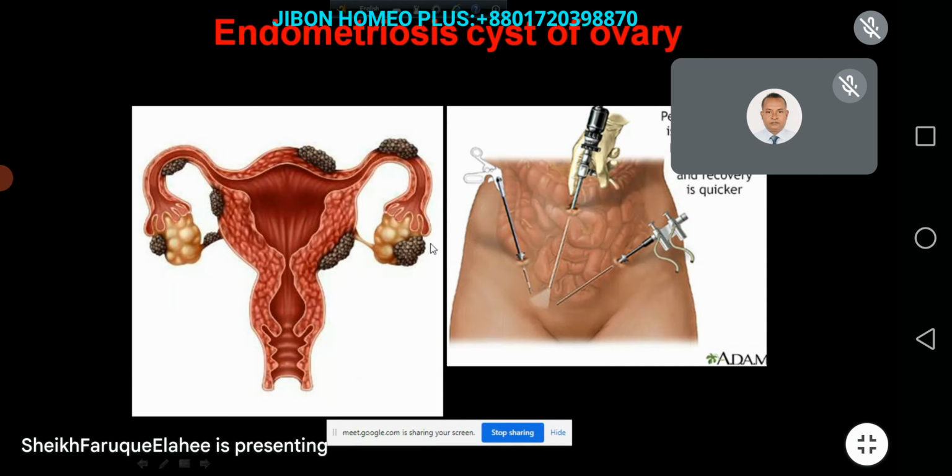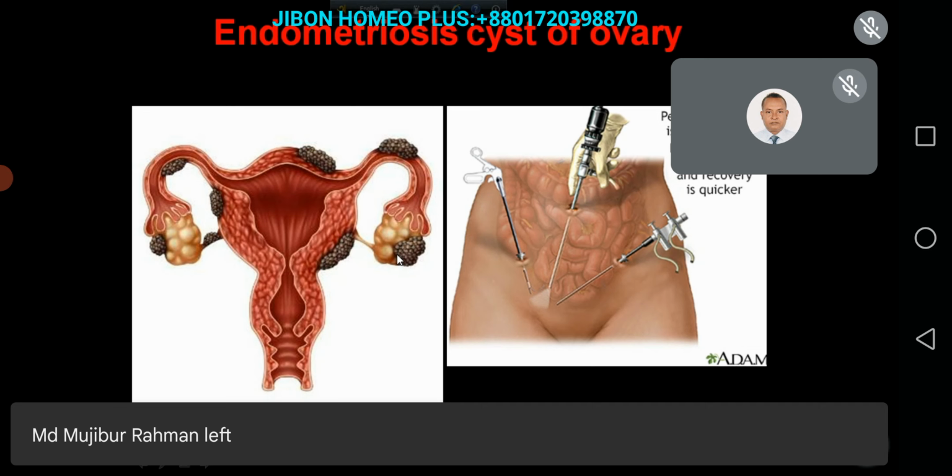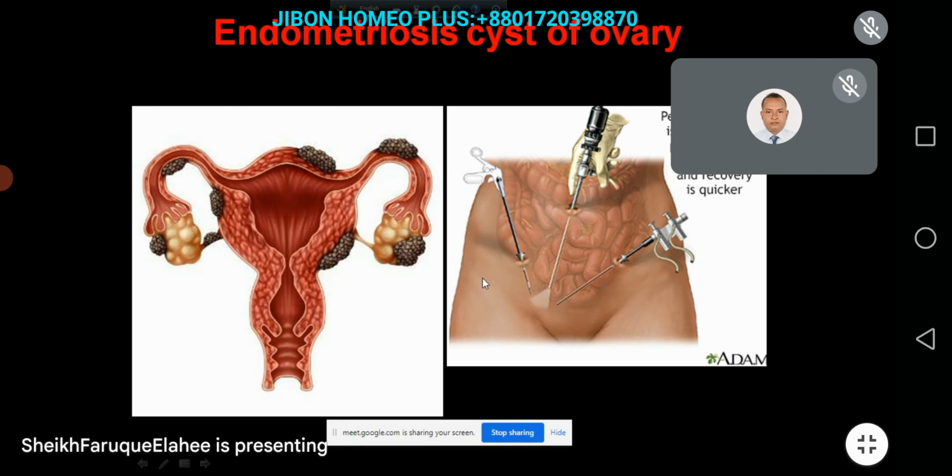You see, this is called endometriosis. What is it? You know, the ovary has epithelial cells. These epithelial cells should be only in the ovary. But our nature has some anomaly sometimes.